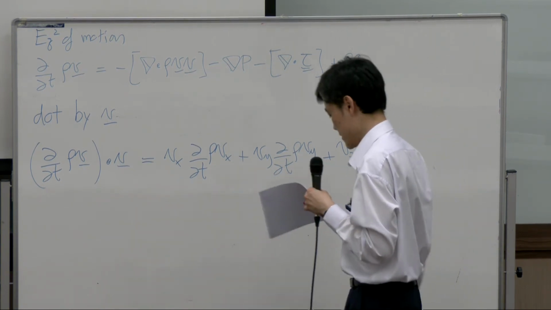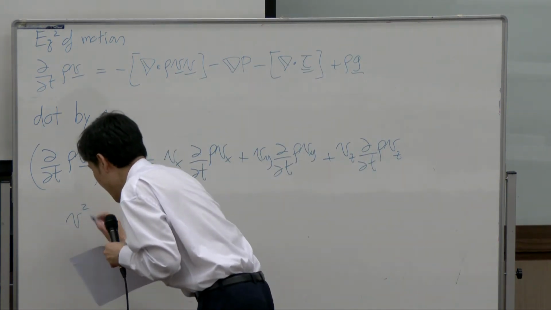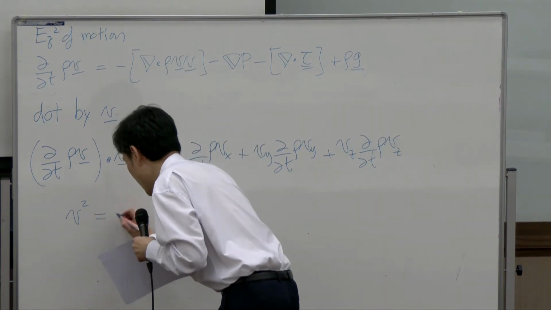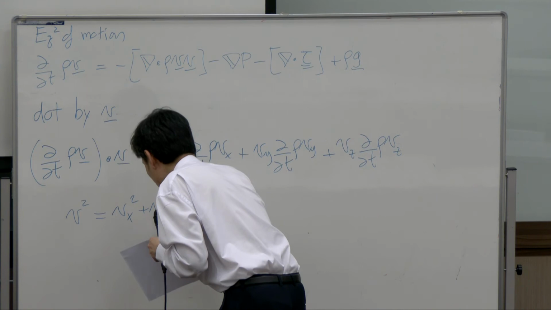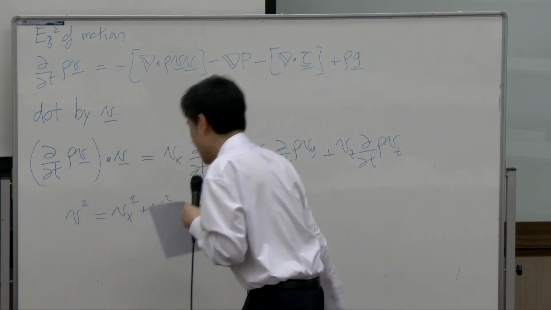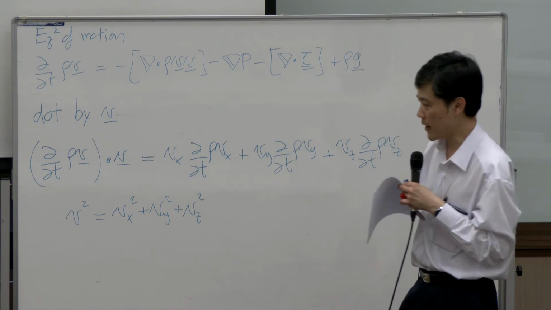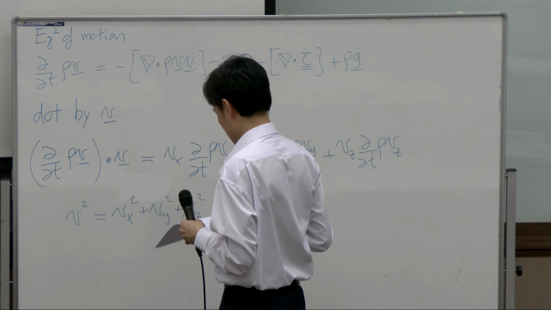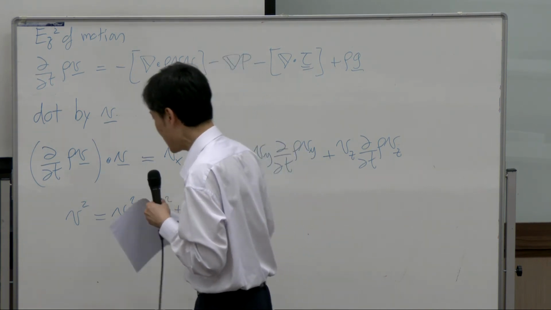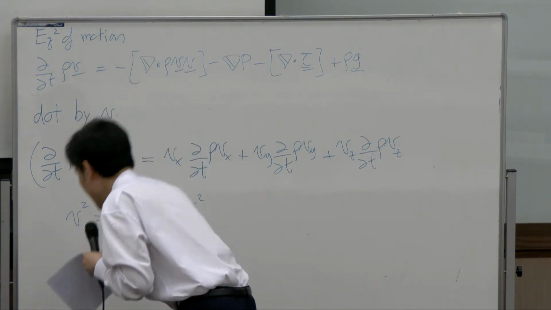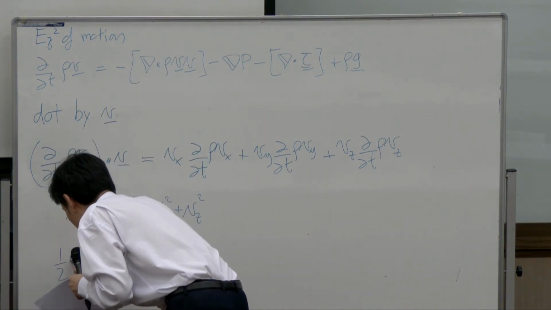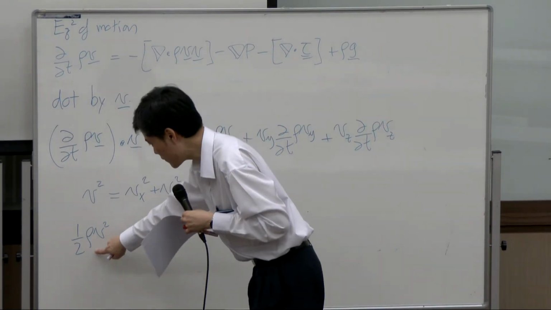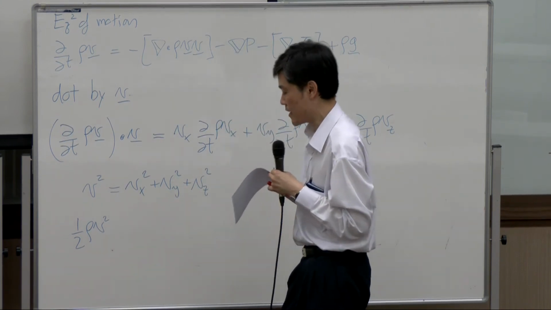All right? Now, earlier, if I take vector v and find the magnitude, I can get v squared equal to vx squared plus vy squared plus vz squared. This is the way to calculate the magnitude of the vector from its components. So from here, if I take 1 over 2 rho v squared, basically I take 1 over 2 rho multiplied by everything on the right-hand side.